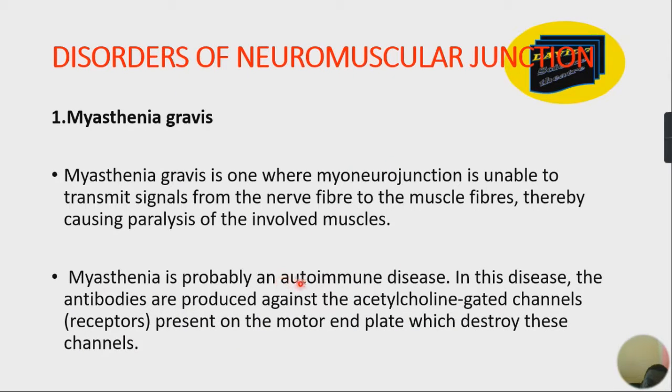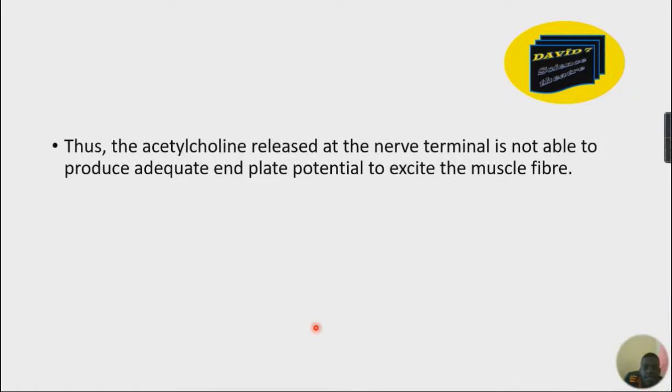And it's probably an autoimmune disease. In this disease, the antibodies are produced against acetylcholine-gated channels, call them receptors, present on the motor end plate, which destroy these channels. Thus, the acetylcholine released by the nerve terminal is not able to produce adequate end plate potential to excite the muscle fiber.